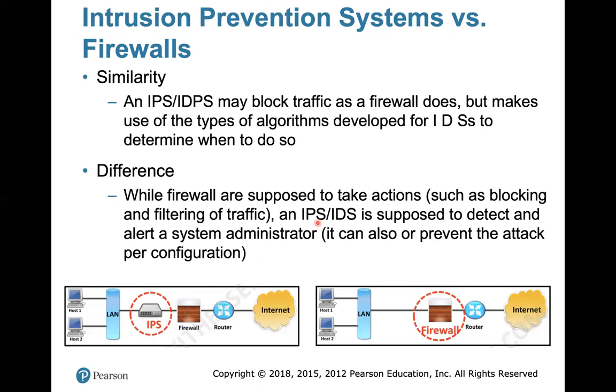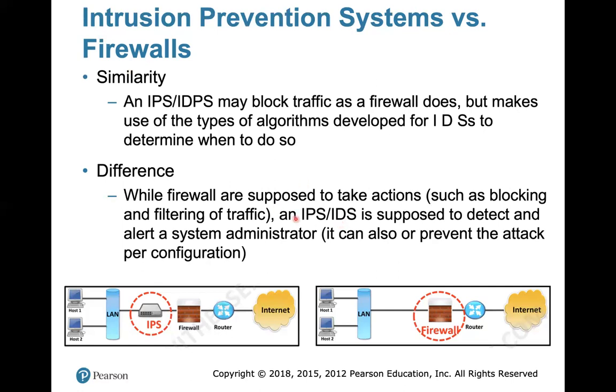So that's why you see that IPS is somehow in between IDS and firewall. In IDS, there is no action when, for example, an unauthorized traffic pattern or packet is detected. IDS is just alerting the administrator.